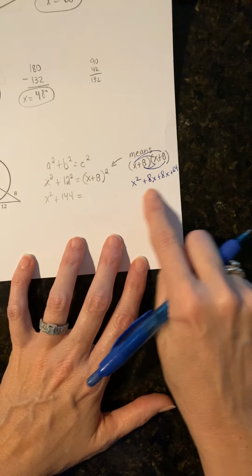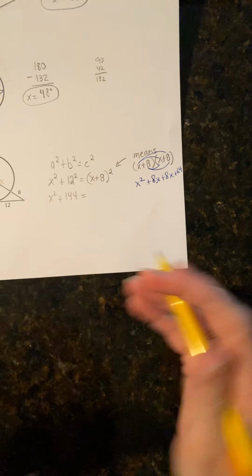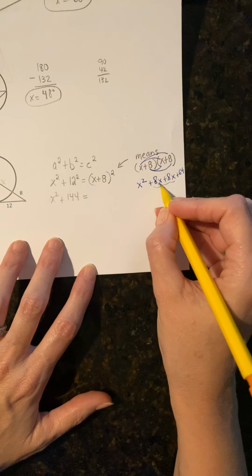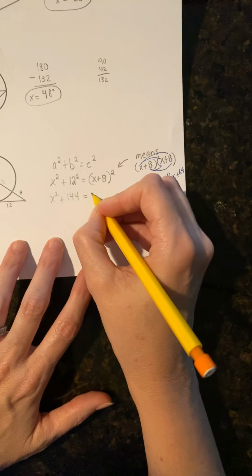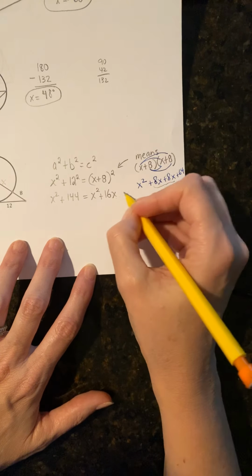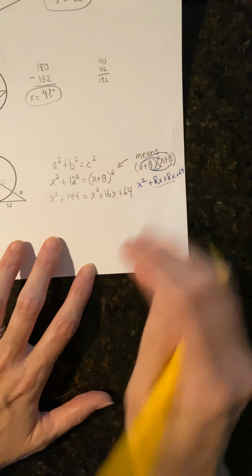So that's what that looks like when you get it all FOILed or distributed. And so I'm going to combine the two 8x's since they're like terms. So it's x squared plus 16x plus 64.